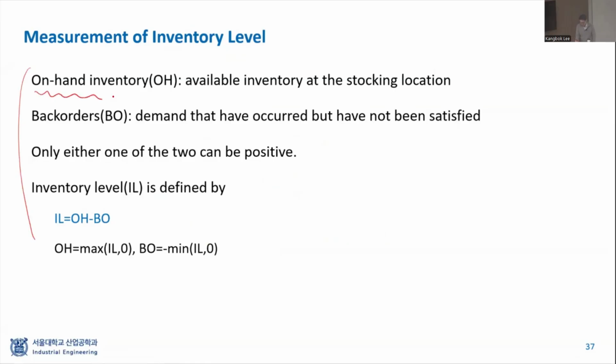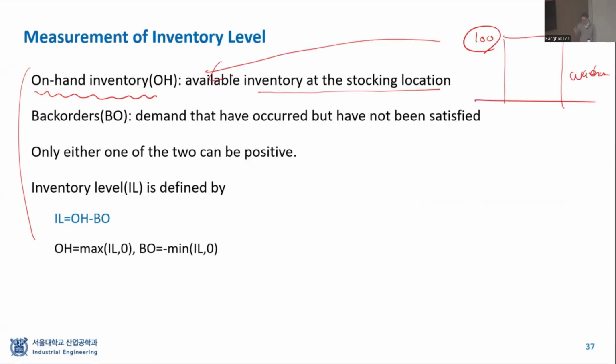First, I have on-hand inventory, which is the available inventory at the stocking location. In other words, I go to my warehouse and find that I have 100 of my stocks in my warehouse. That's the on-hand inventory. Sometimes I have negative parts in my warehouse.